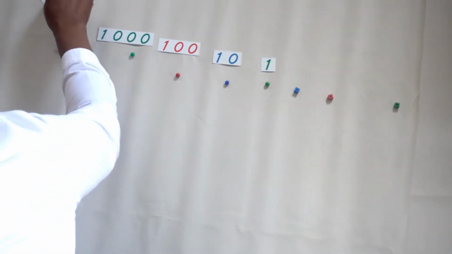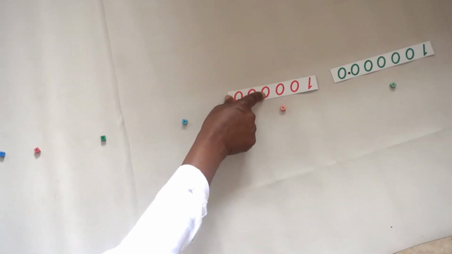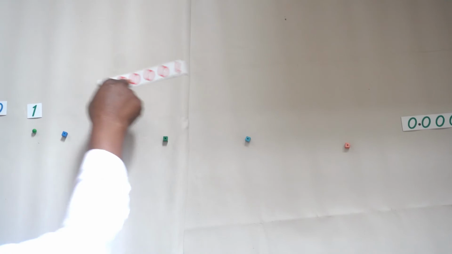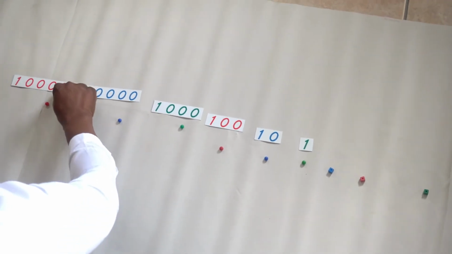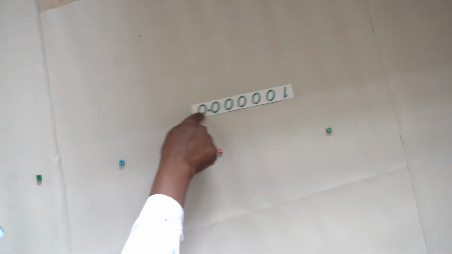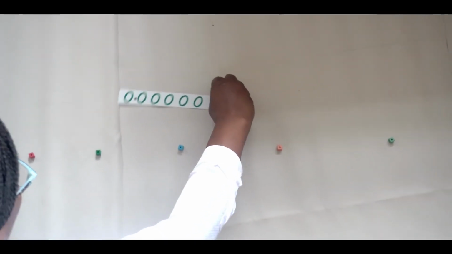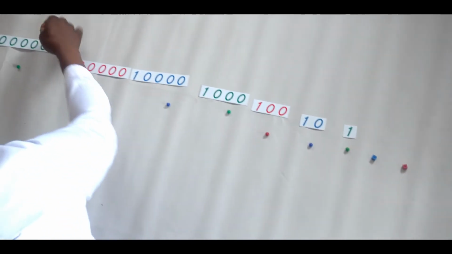I'll flip it over. So this is my 10,000 again. I'll bring the 100,000 back to this position, but I'll flip it over and remove the decimal point. This is 100,000. I hope you know the difference. And I bring the 1 million from here. I'll move it over to where I brought it from originally. Flip it over and remove my decimal point. So this is 1 million.